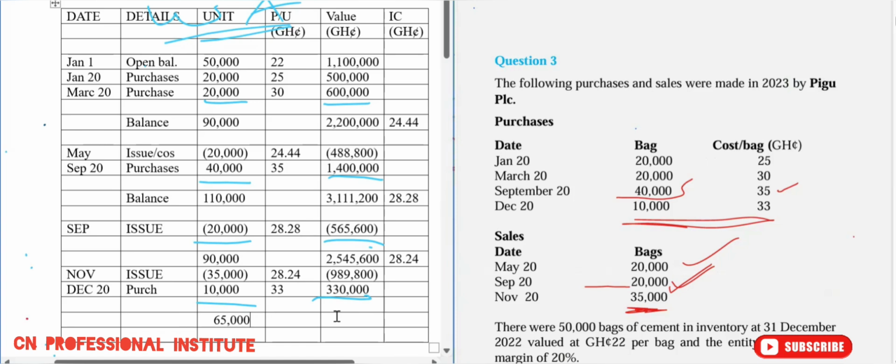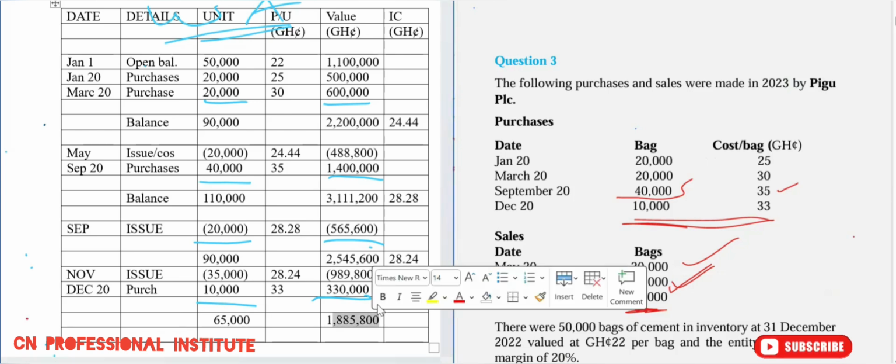And then here, 2,545,600 minus this plus this should give us a figure of approximately 1,885,800. Right? 800. So this is our closing inventory.